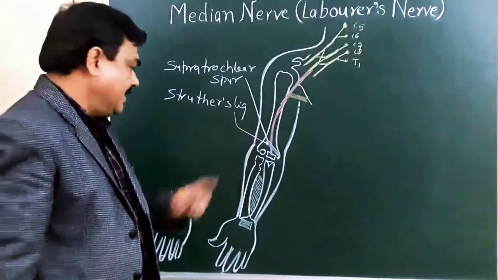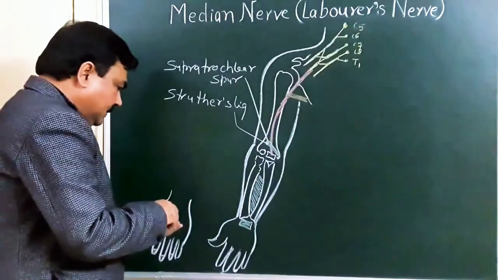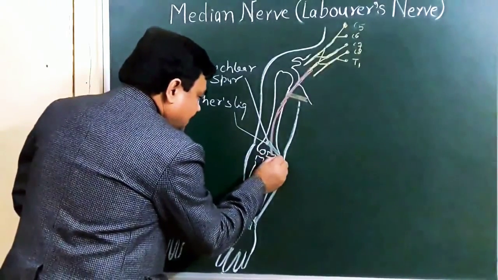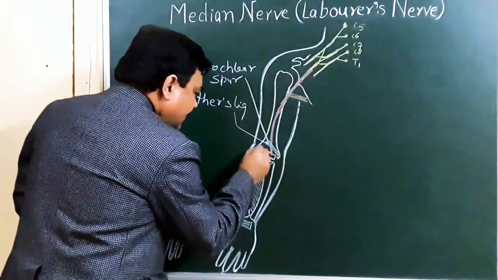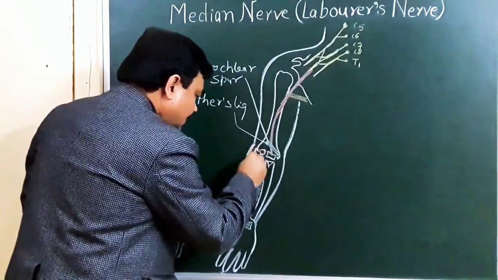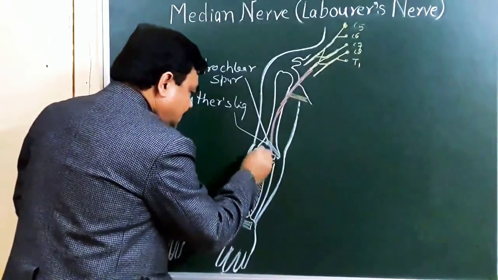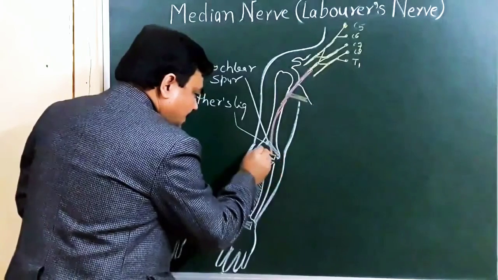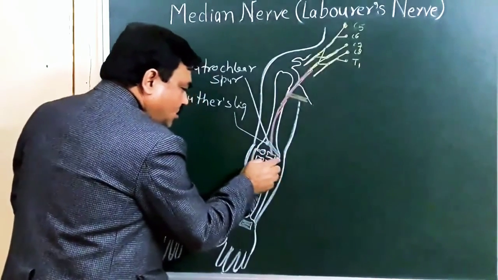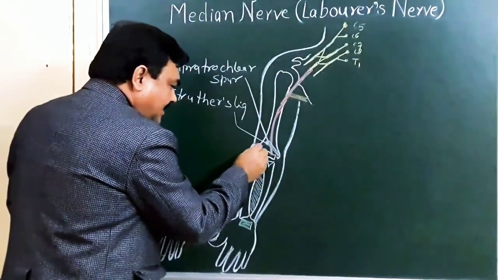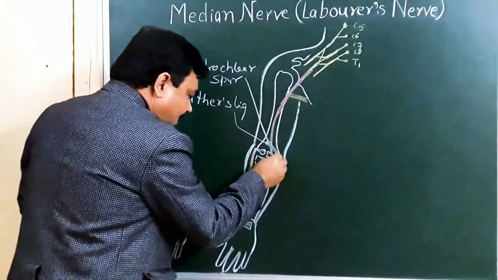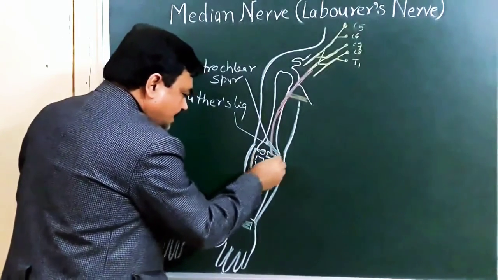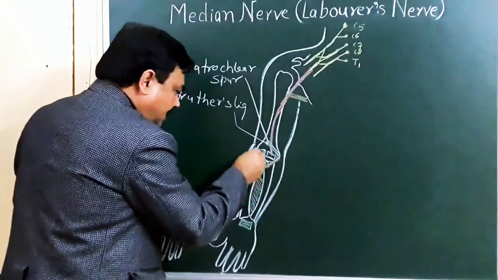Then, here is the position of the brachioradialis. This is the imaginary line between the two epicondyles, medial and lateral, of the humerus. This is the brachioradialis, and this is the pronator teres.